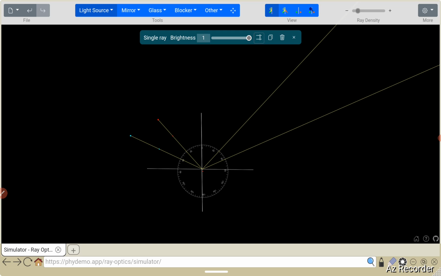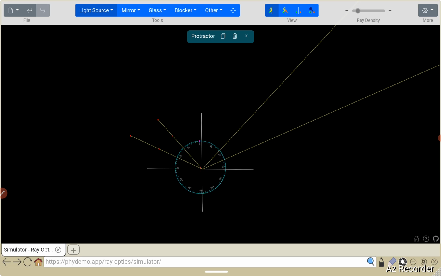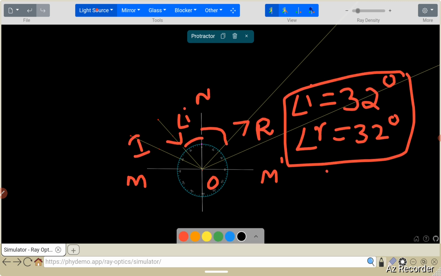So here the angle of incidence and angle of reflection, you will get 60 degrees, understood? There is a small difference because the normal is not exactly drawn. That's why you will be able to see a slight difference here. But whatever we have marked, everything is correct.